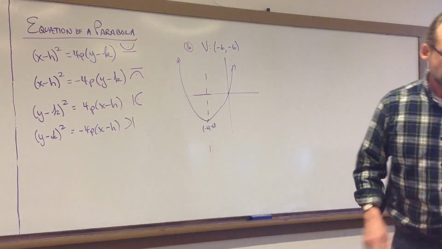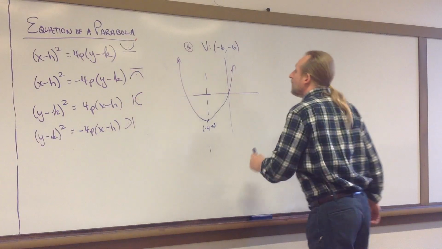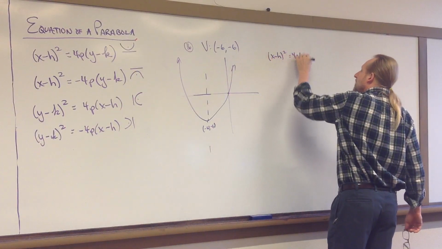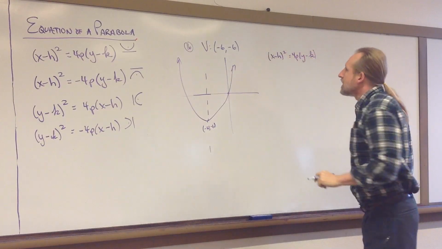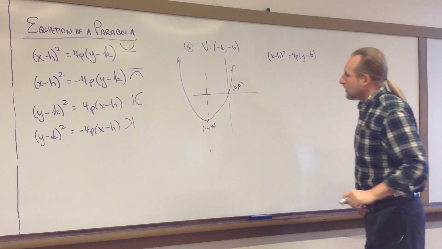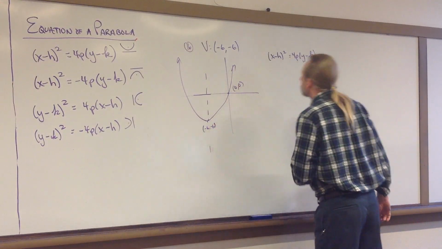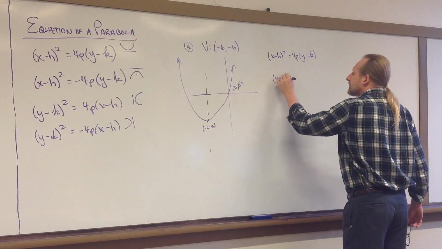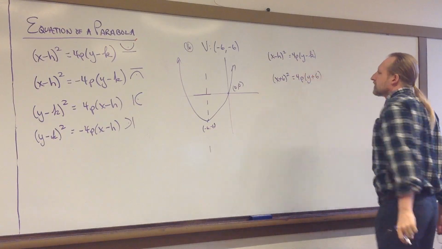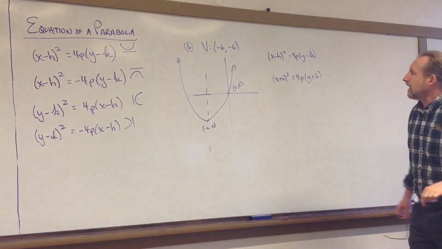Okay? So, if it's facing up, this is the equation we want. x minus h all squared, 4p times y minus k. This is 0, 0. So now let's fill in our coordinates for the vertex. So this will be x plus 6 all squared, 4p, y plus 6. And now we plug in the 0, 0, and we can find a value for p.